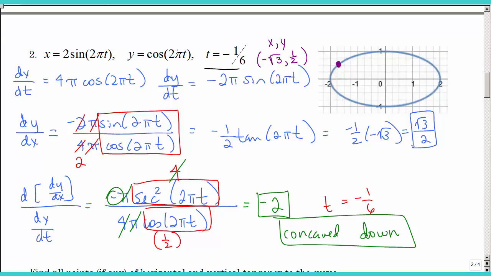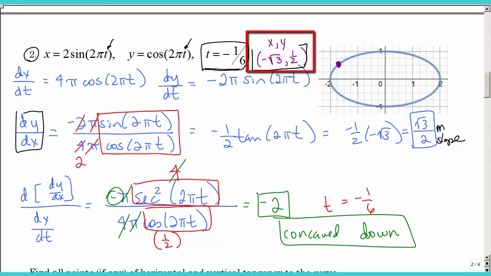So going back to this example that we did a lot of things on in a previous video, could I have found an equation of a tangent line given the parameter of t is equal to negative 1/6? Well, sure. If you look at this mess here, we had gone through and found the derivative when t is negative 1/6, and so this was my slope of the tangent line, and we found x and y by, of course, putting in our t value there, and we got the xy coordinate here.